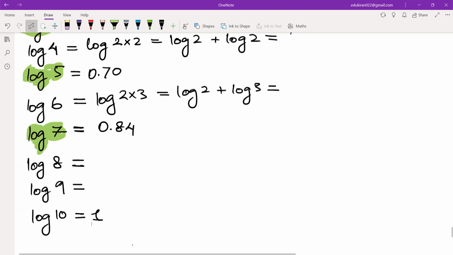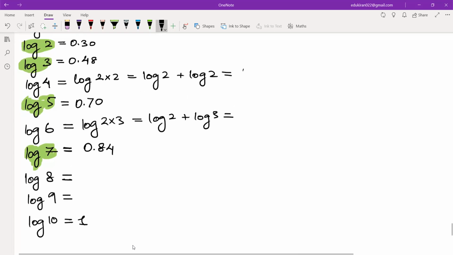So tell me, for log 4, what is the value? I hope you have calculated at least log 4. 0.60. Okay. What about log 6? 0.78. Okay. What about log 8? 0.90.